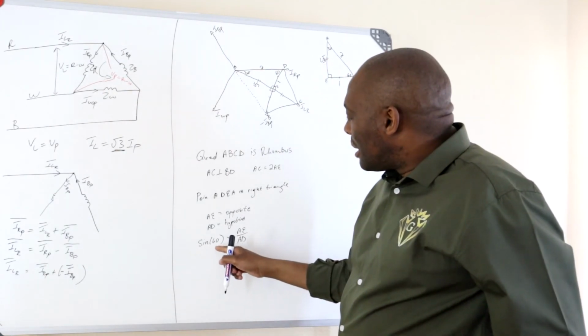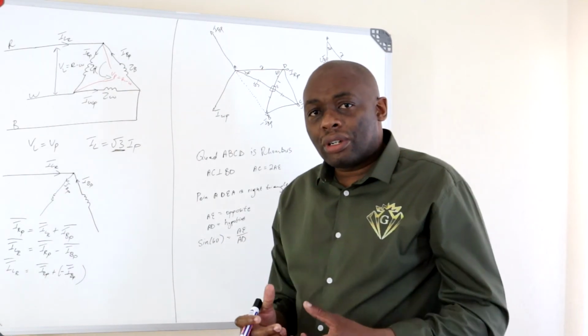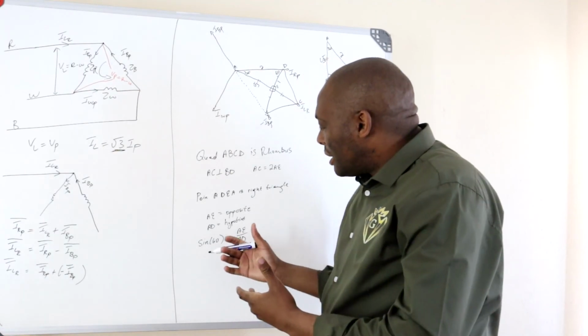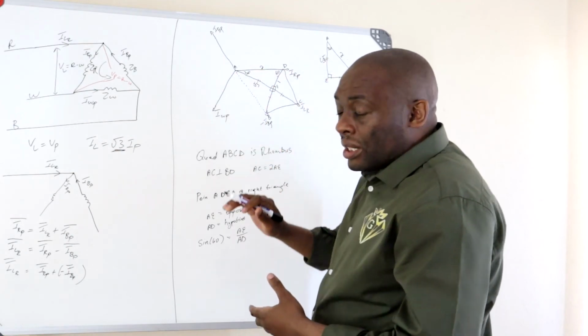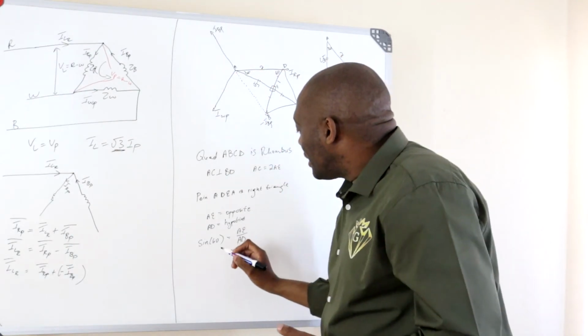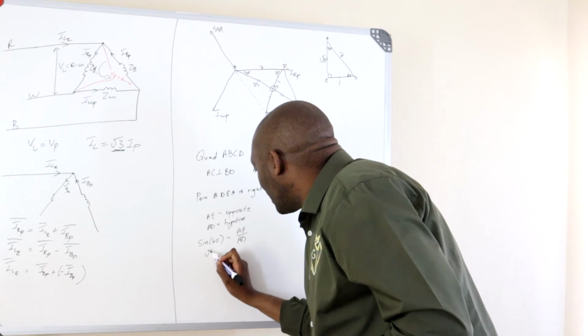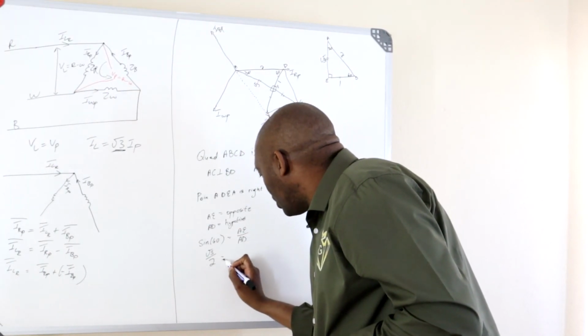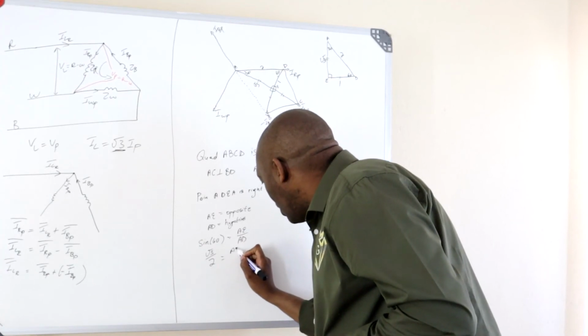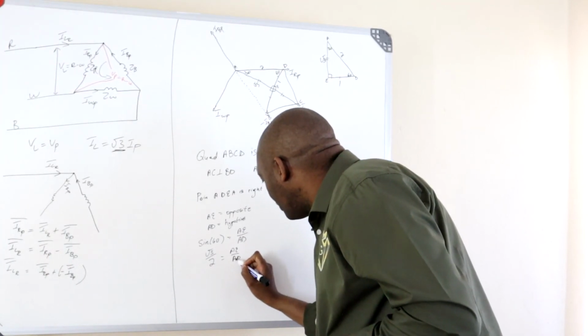We can then represent your sine 60. You can use your calculators like us and try and see. This is the other way that we can represent sine 60 by using the same triangle. Sine 60, it is the square root of 3, which is opposite over hypotenuse. So it's opposite over hypotenuse.